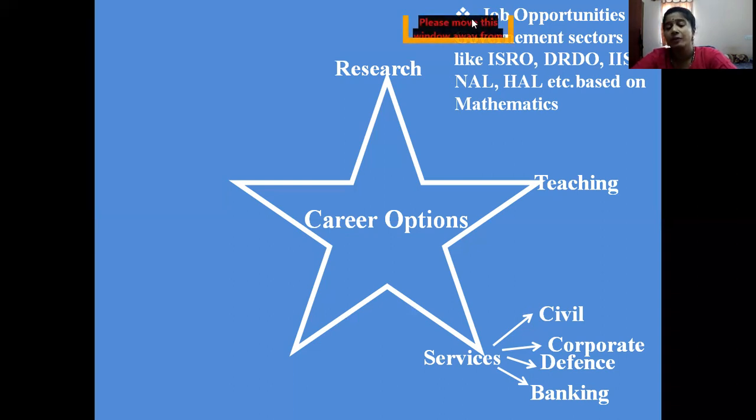Attempt these, because by virtue of having mathematics in your core subject, you are very good at aptitude, and even your logic will be very strong because of electronics and mathematics. So it will help you to attempt and clear these examinations, and you can dream yourself to be an employee in any of these sectors, students.